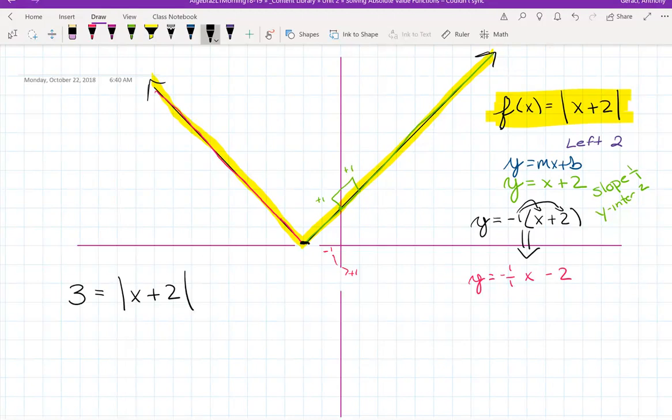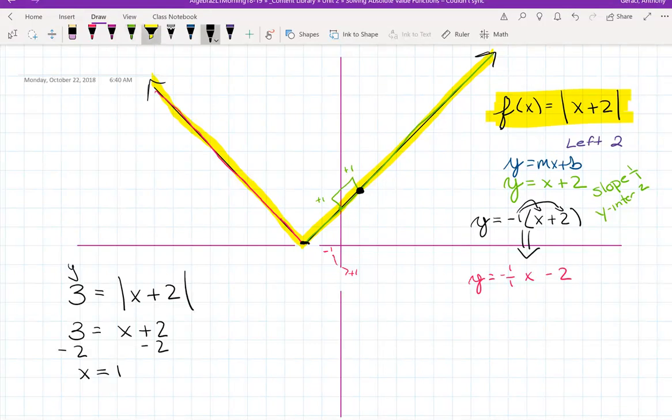That is 1, because if I do 1 plus 2, that's 3. And I would solve it just kind of normally without the absolute value. Subtract 2, x equals 1, which is this point right there. Perfect.